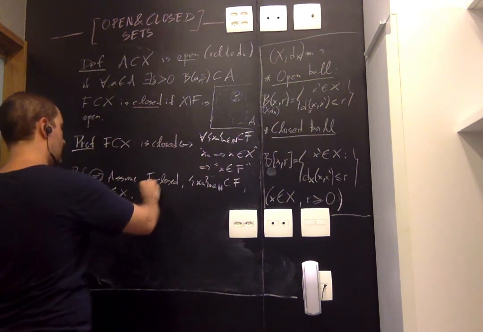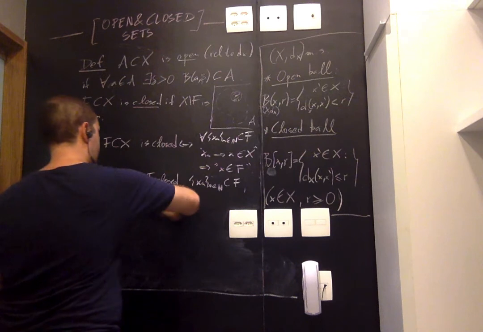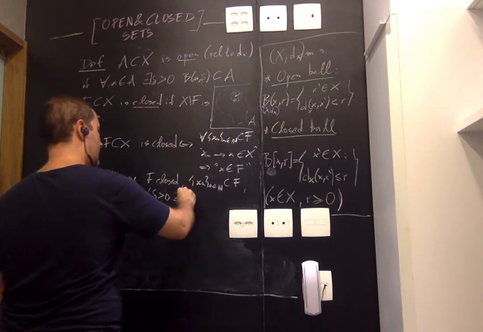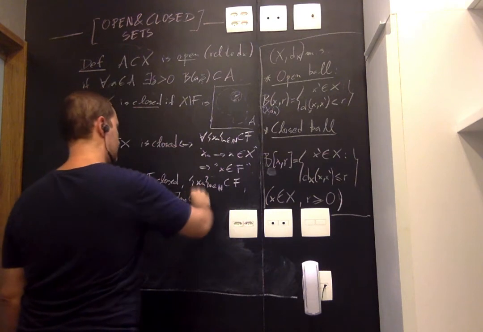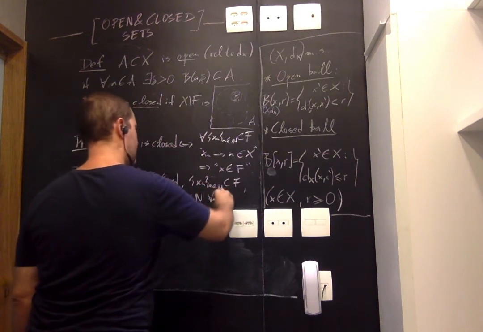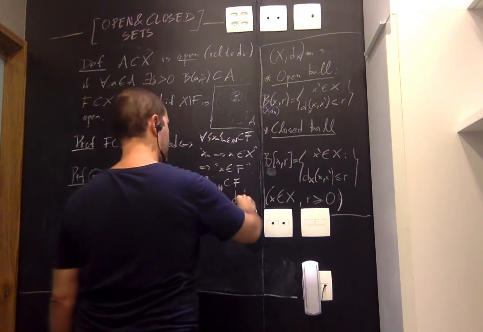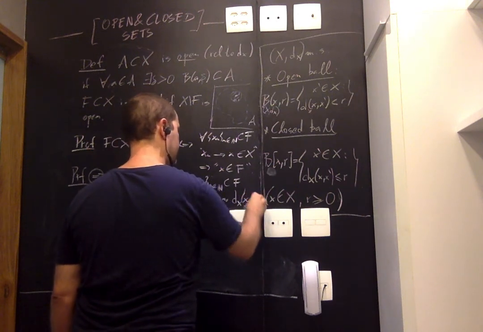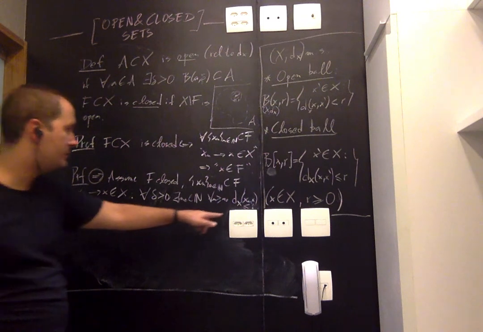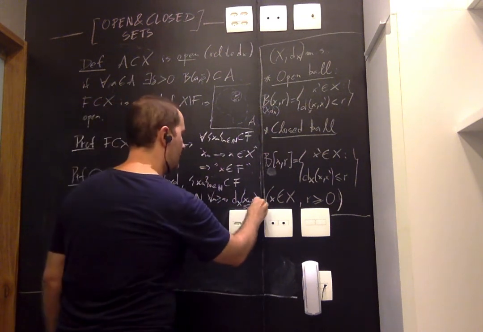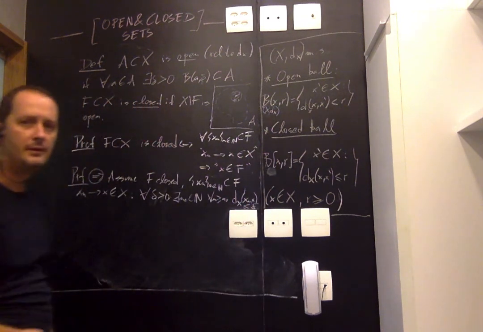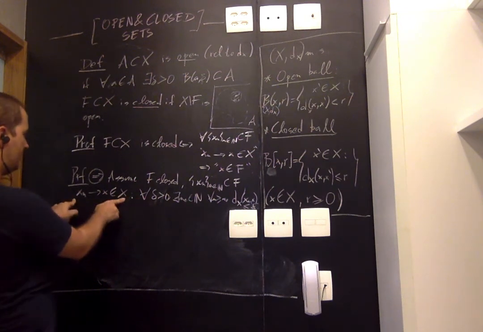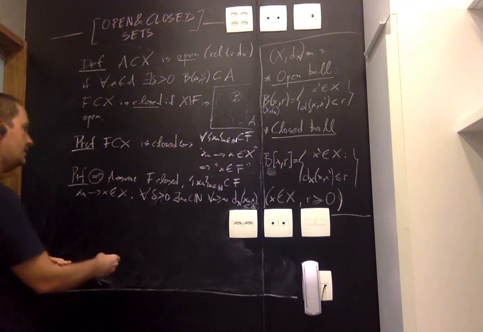It means that for all delta, there exists an n naught such that for all n greater than n naught, the distance from x sub n to x is less than delta. Here I just wrote what it means to say that x sub n converges to x.